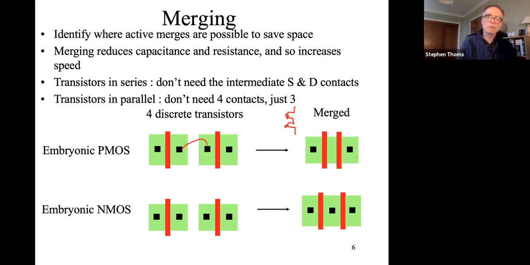And actually going up into a metal layer and back down onto the silicon just adds resistance, it adds space, it doesn't help in any way. So what we can simply do is merge it like this. And in this context, this would be, for instance, the A contact, and this would be the B contact.